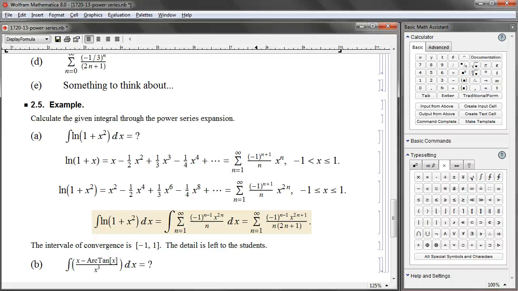How about the interval of convergence? It's going to be -1 to 1, and you'll have to consider the endpoints manually. Plugging in x equals -1 and x equals 1, what do you get?